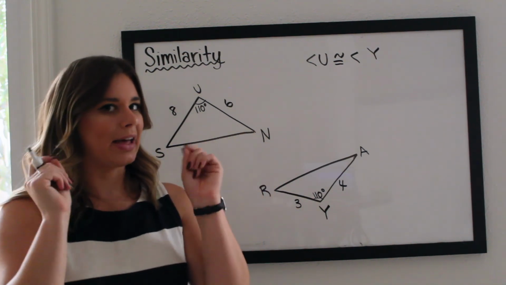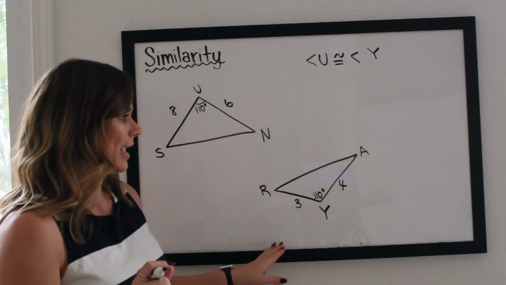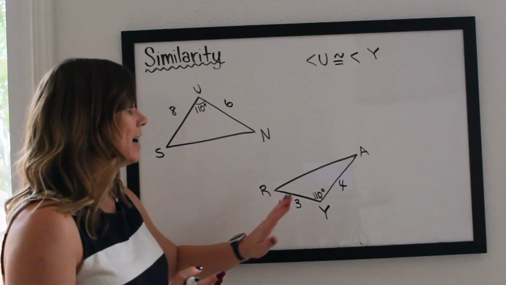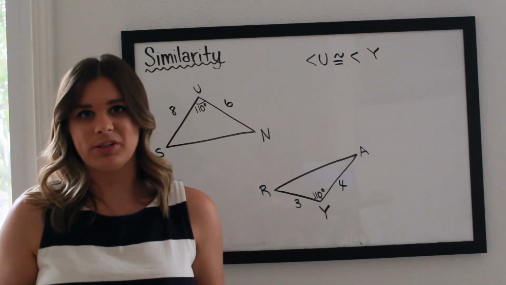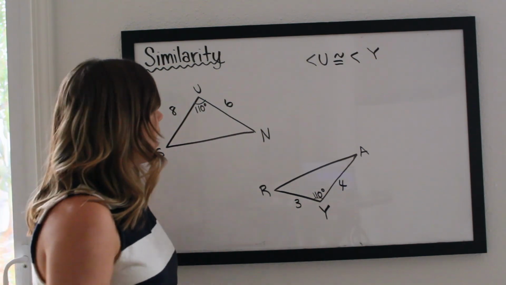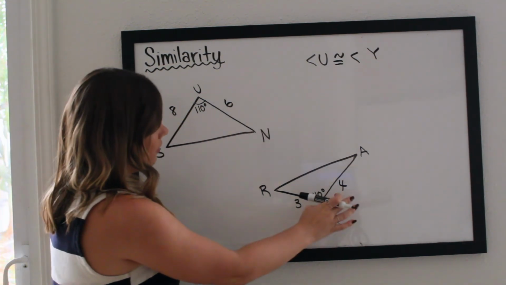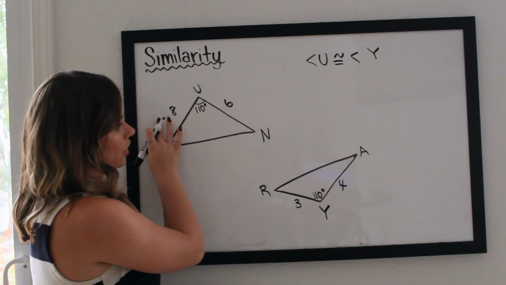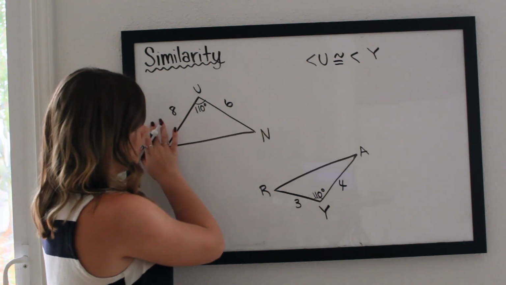So I'm thinking that I'm probably going to use SAS, but I can't confirm that for sure yet because I need to verify that the scale factors are the same to take one length to the next. Now I'm noticing 8, 6, 4, 3. 4 is the smaller number, 8 is the larger number, so those probably correspond.